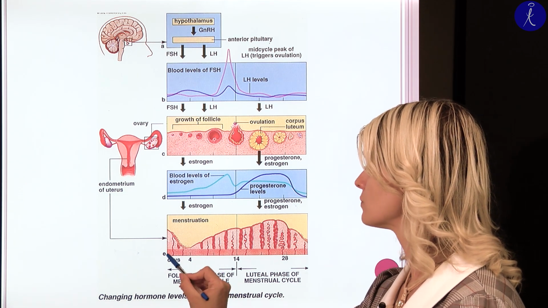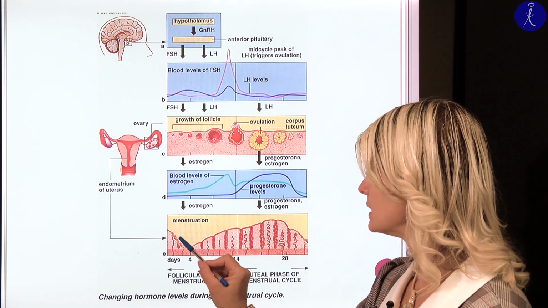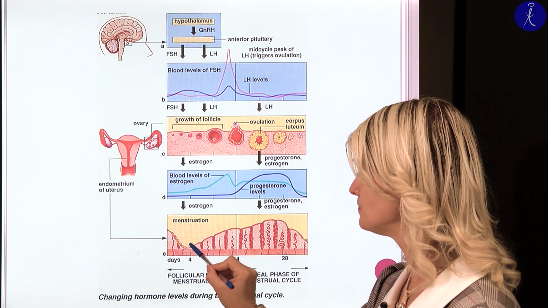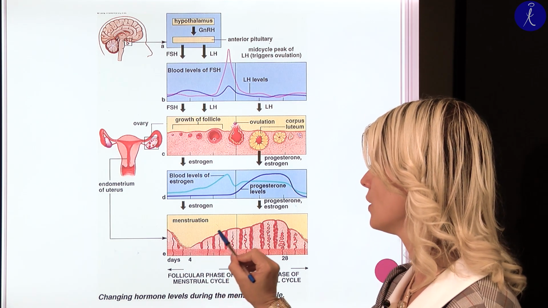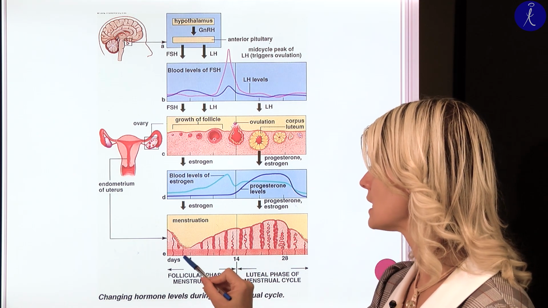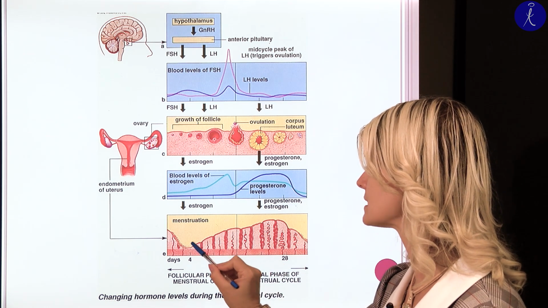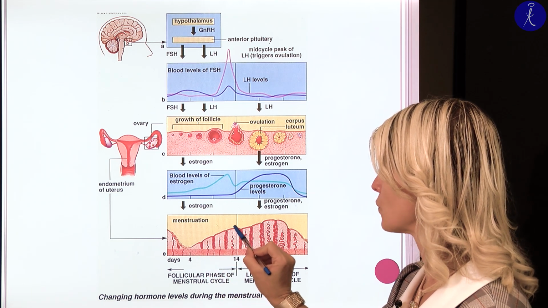The menstrual cycle starts with the menstruation, when the upper functional layer of the endometrium falls down, and afterwards starts the proliferation of the endometrium, where from the stratum basale the glands and the stroma will proliferate, and the endometrium will grow.